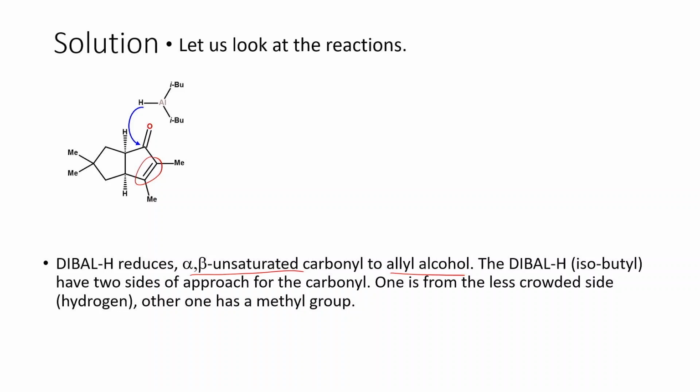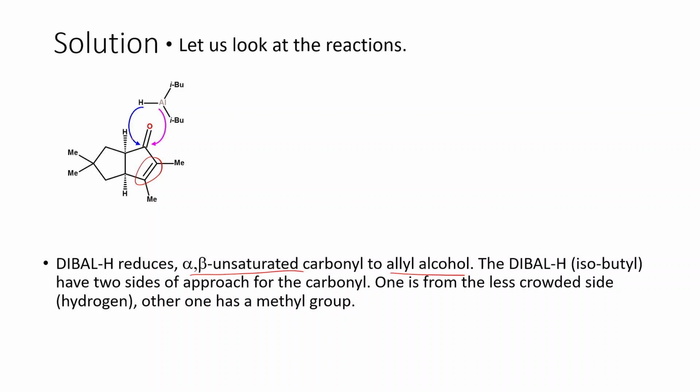Now the DIBAL-H can approach or reduce this carbonyl from 2 different directions, and this is the crucial thing we have to be very careful about. DIBAL-H can reduce the carbonyl from this side, or it can also reduce from the other side. So there are 2 possibilities there. Based on which site of attack, we are going to say what the product will be. Now, one is a less hindered site, another one is a more hindered site.